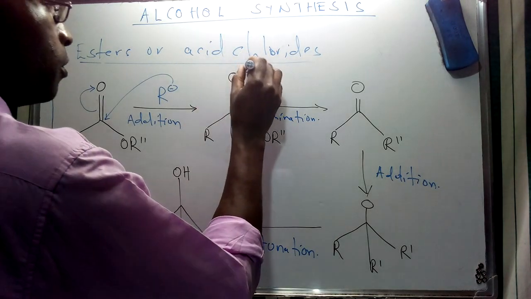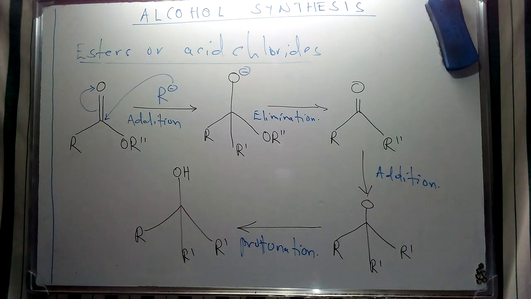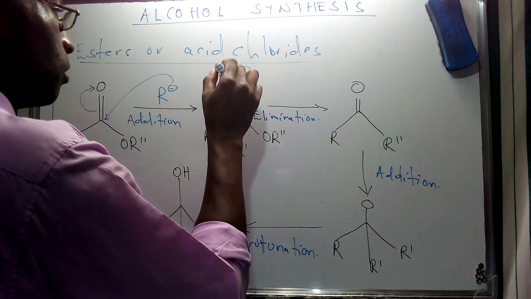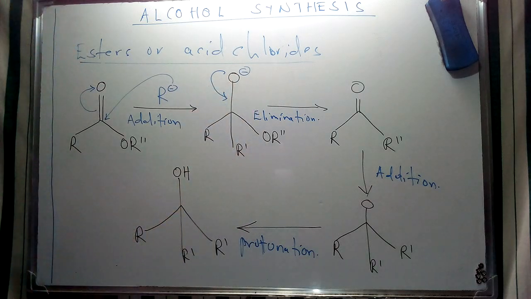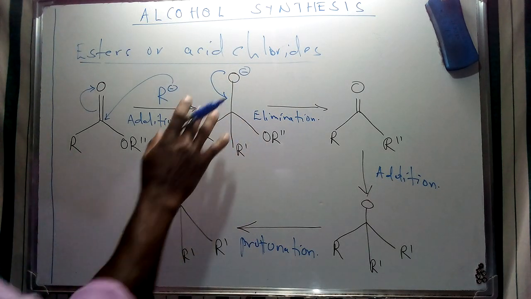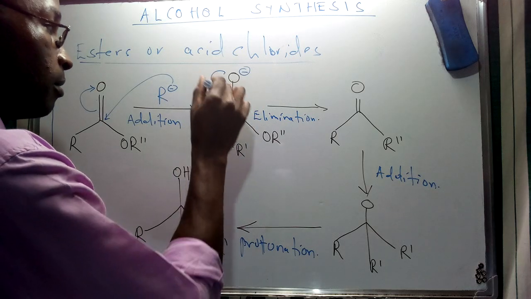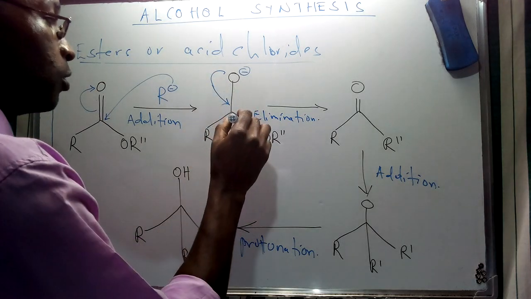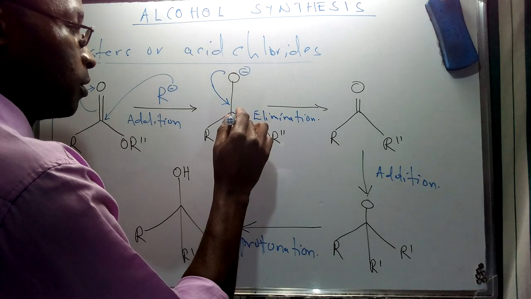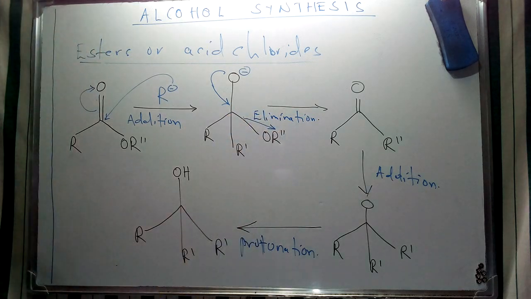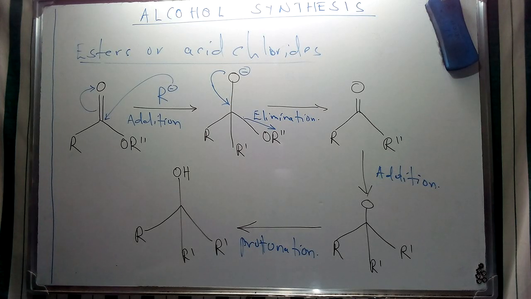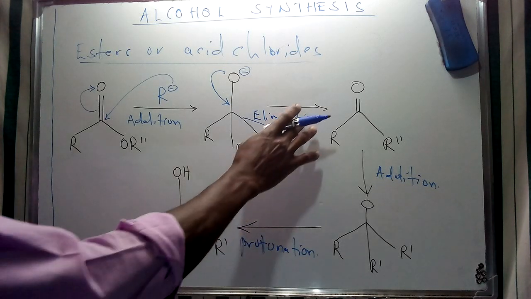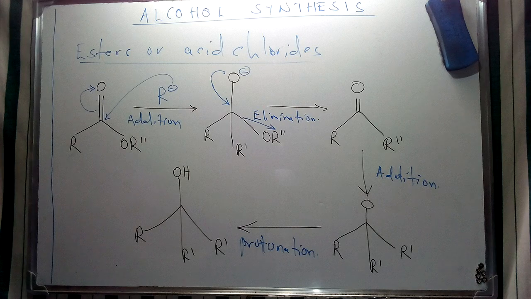This is going to form a formal negative charge at this point, and therefore this is going to result in the subsequent movement of electrons to that specific point. And this is going to act as a leaving group, which is going to move out. The OR double prime is going to move out, forming that specific group, and therefore this is going to entail the concept of elimination.